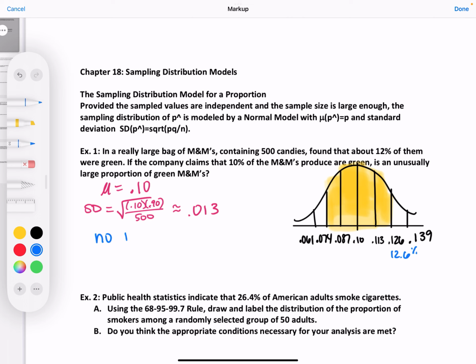So it is not unusually large. 12% is less than 2 standard deviations from the mean, so not unusual.